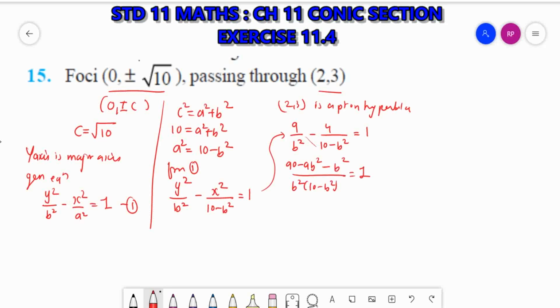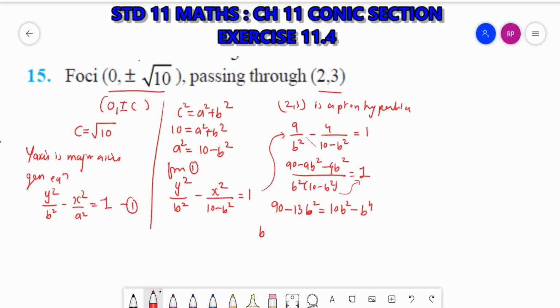So this will be 90 minus 13b square equal to 10b square minus b raised to 4. Sorry, there is one mistake. Here it will be 4b square.